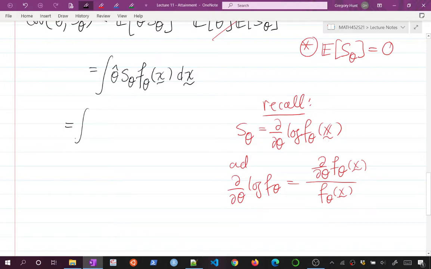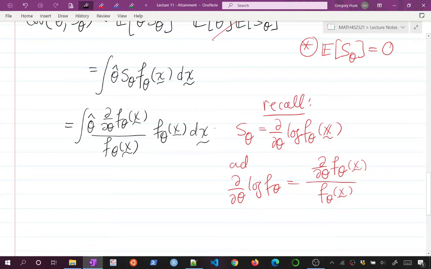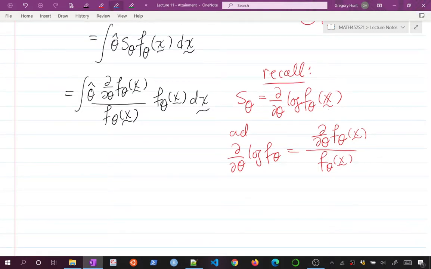So this would be the integral of theta hat. Now in place of the score, I'm going to put d theta of f theta of x divided by f theta of x, times f theta of x, which I bring down from up top, and I'm integrating against all my x's. So notice here nicely that we get some cancellation, right?